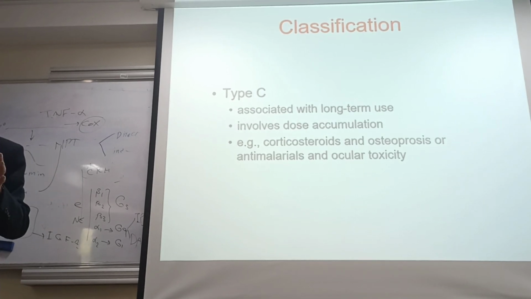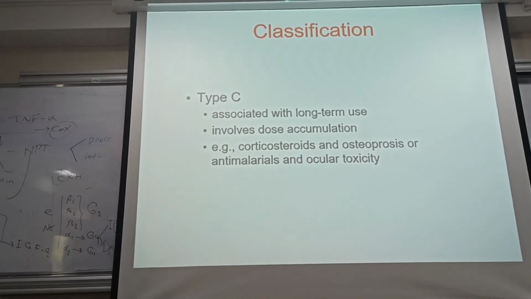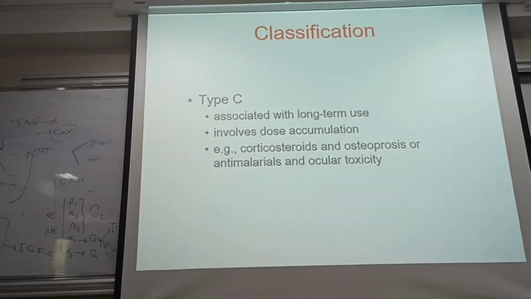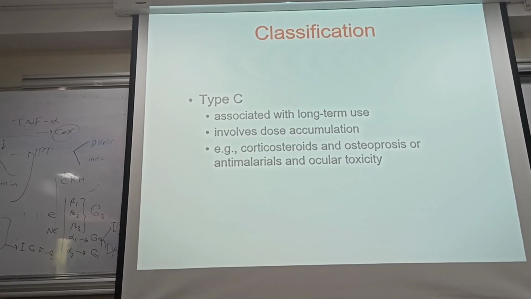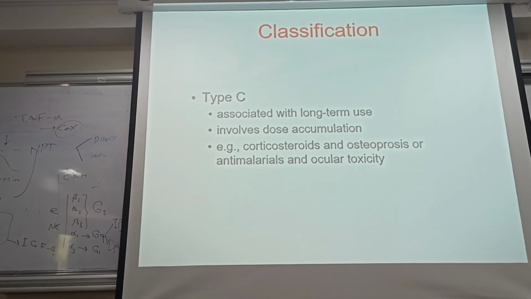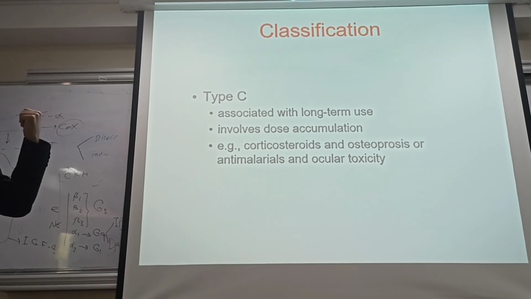But here we have long-term use. If a patient says that I have used 2 ampoules of dexamethasone, a corticosteroid, then I have osteoporosis, we cannot accept because it's after long-term use.